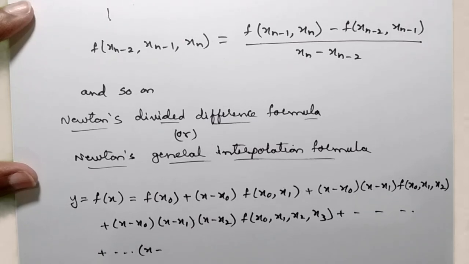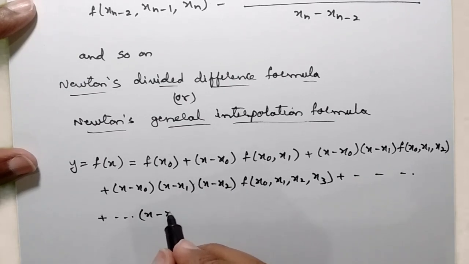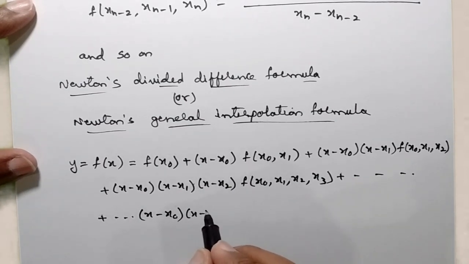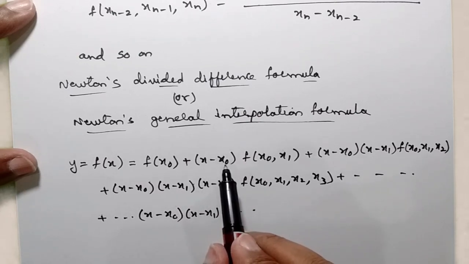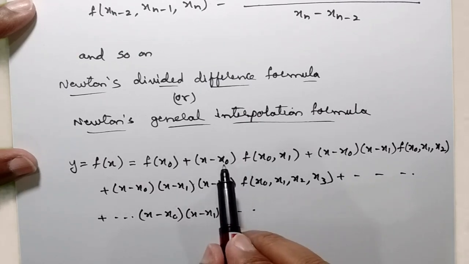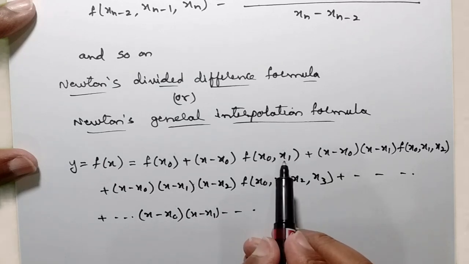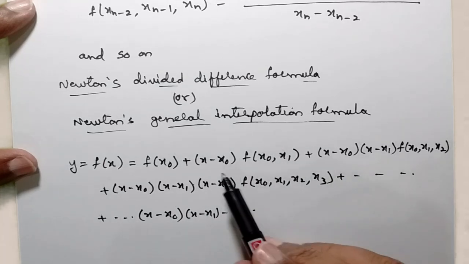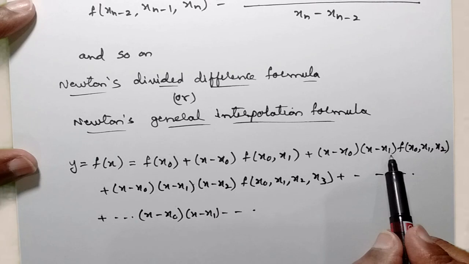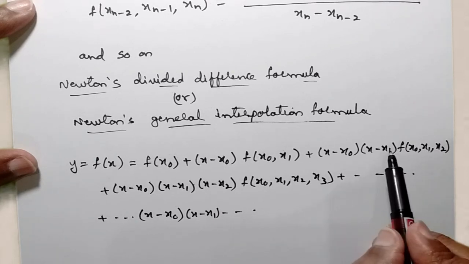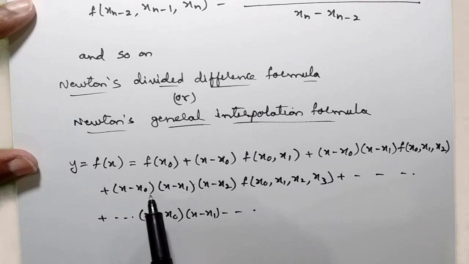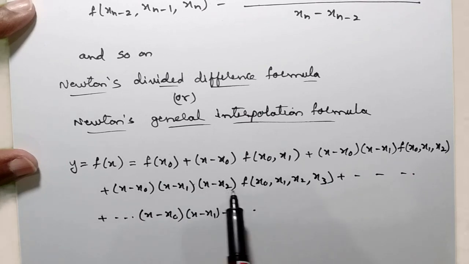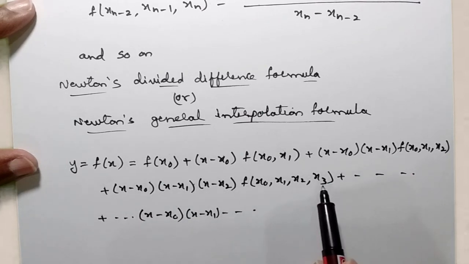If you want to write the final value, it is x minus x0, x minus x1 and so on. If you observe, first it is x minus x0 and the function is x0 comma the next value. Then we get x minus x0, x minus x1, so we get x0, x1, and one more value x2. In the same way, x minus x0, x minus x1, x minus x2, and one more value x3.